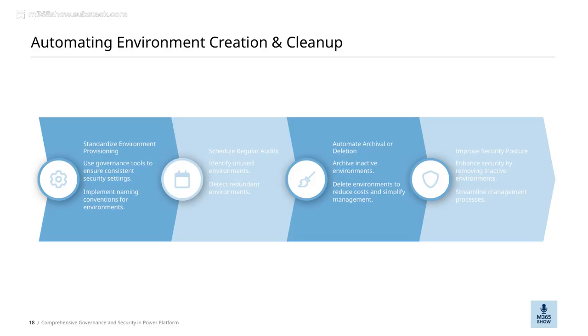By archiving environments that are no longer in active use, we preserve important data while keeping the environment list manageable. Deleting environments that are unnecessary not only cuts costs, but also simplifies our overall management efforts. Automating these processes, whether through archival or deletion, ensures they happen consistently and efficiently.